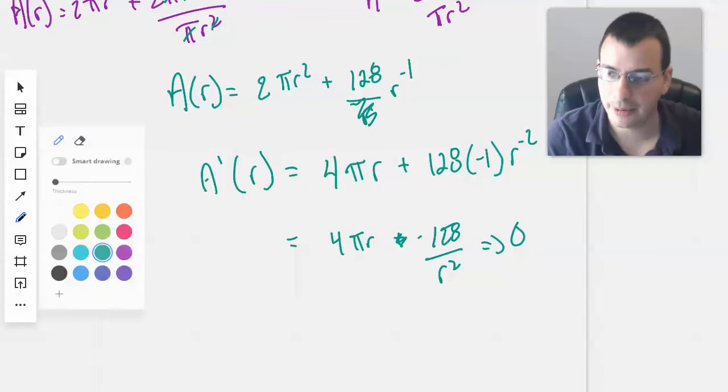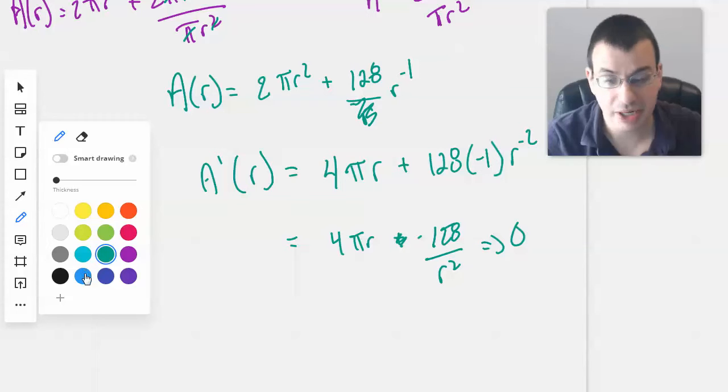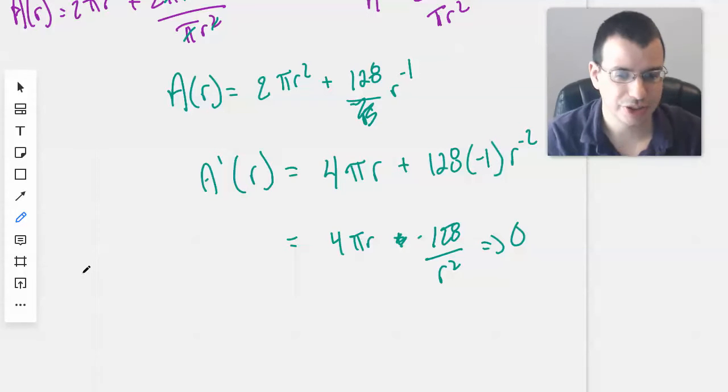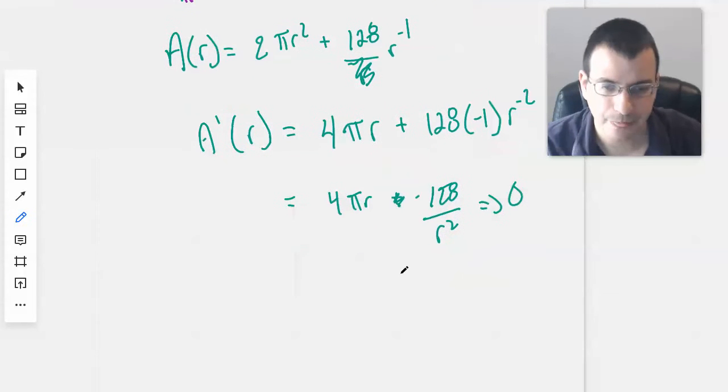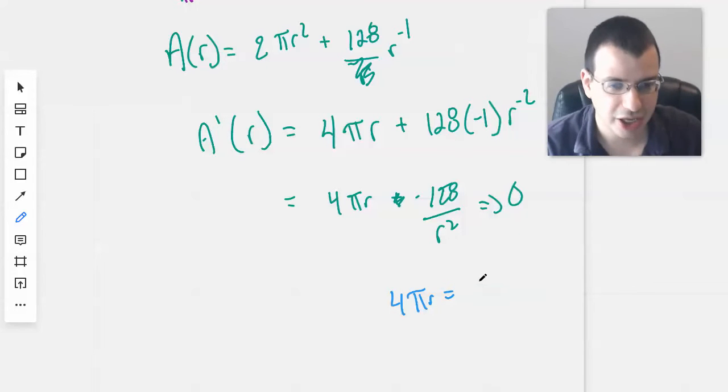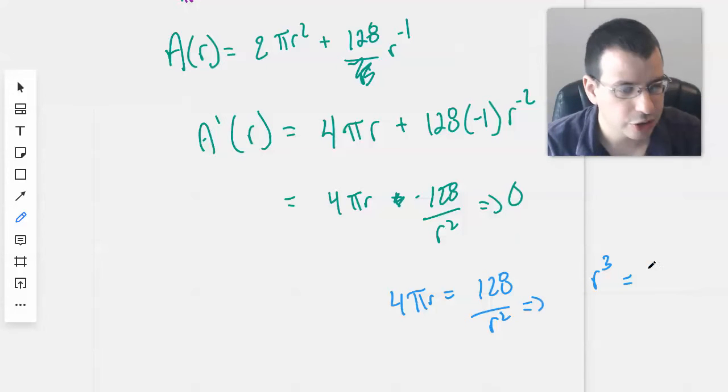Because when you're trying to find maximums or minimums, you set the derivative equal to 0, and that will be your critical points. Solving this for r, we move this to the other side: 4 pi r equals 128 over r squared, and we get r cubed equals 128 over 4 pi.